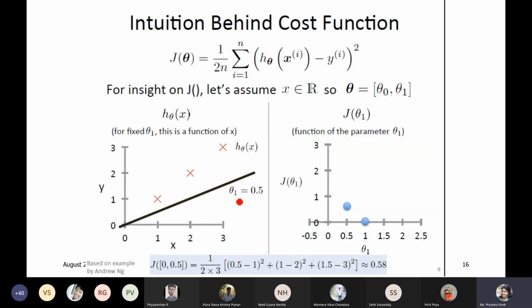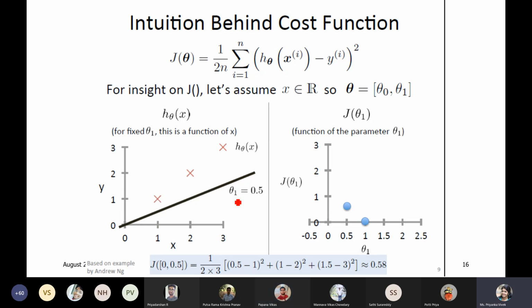Is it 1.5 and 2 or 1 and 1.5? Because our points are 1, 2, 3. The first point is 0.5, ma'am. The second one is 1. And the third is 1.5. Yes, correct.